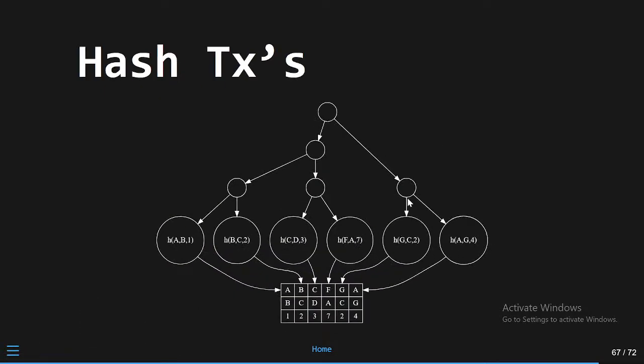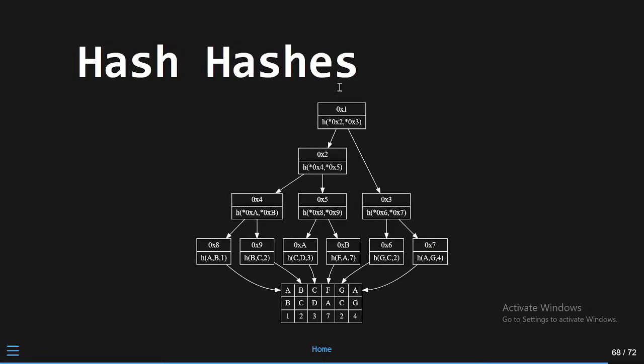So I'm going to compute the hash here of these 2 values, okay? So it's hashes all the way up, and I've also given myself numbers so that I can refer to things that are hashed. So for example, the root here contains the hash of the value at position 2, which is this one, its left child, and the hash of the value at position 3, which is this one here, its right child.